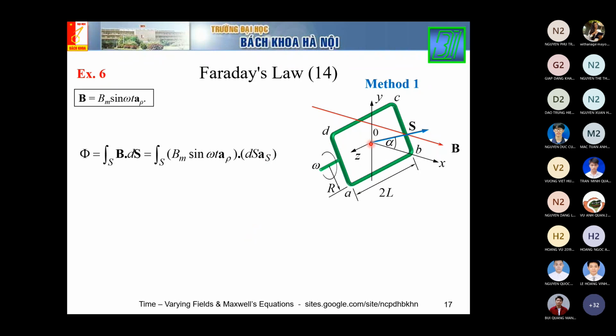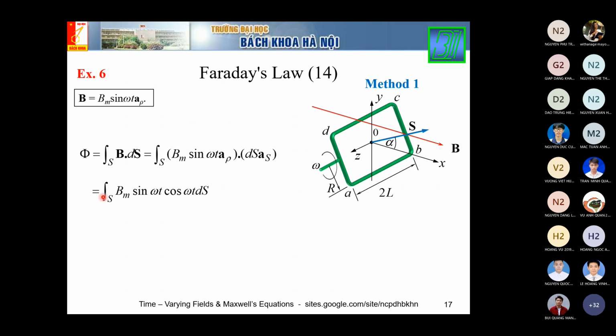You can see that it is rotating about this axis, the z-axis. So this one is actually the direction of a rho, because S here is the direction of any radius of this coordinate system. So actually a_S here is a rho, and a rho dot a rho is 1. Then we have this.